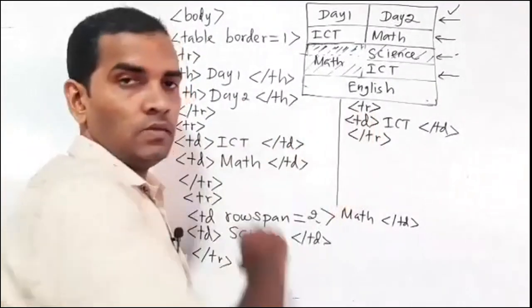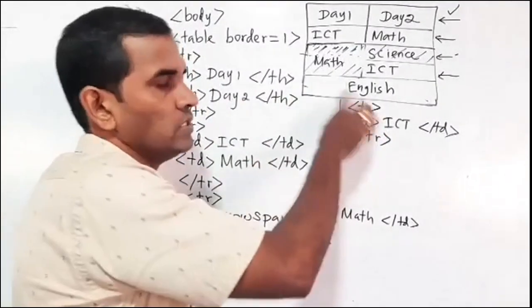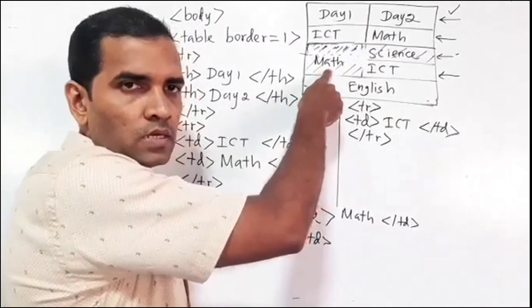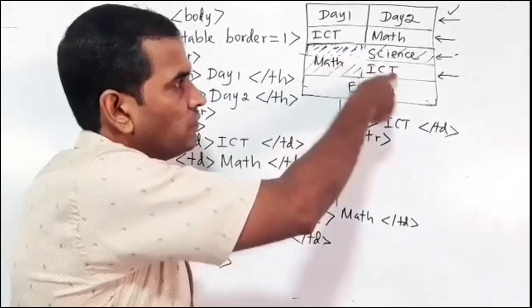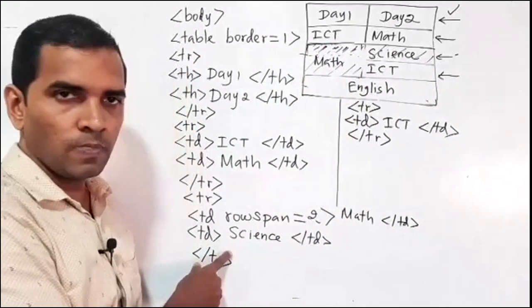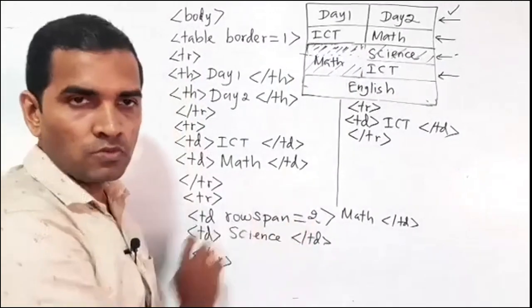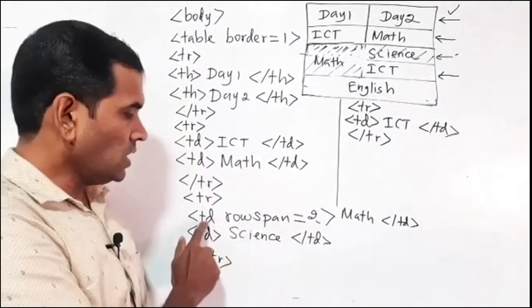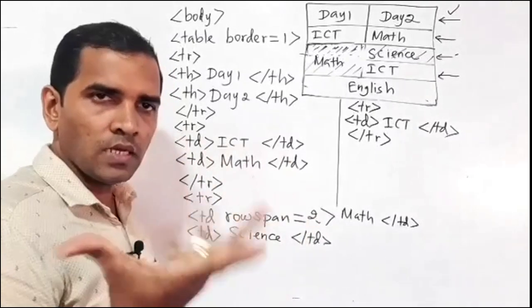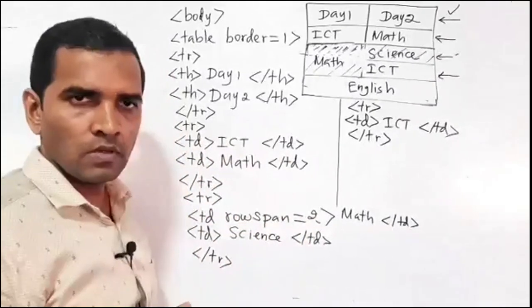Have you understood this idea? Does anyone have any issue with this one? Have you understood that the first cell in the fourth row was created earlier? That's the meaning of 2. So TD rowspan 2 means 2 cells have been created by merging.